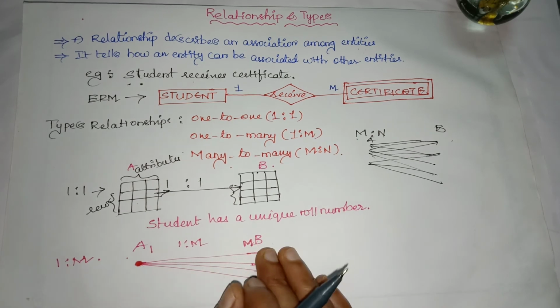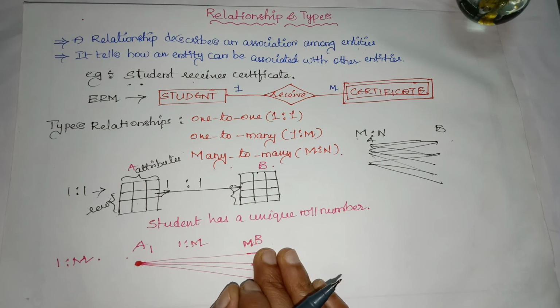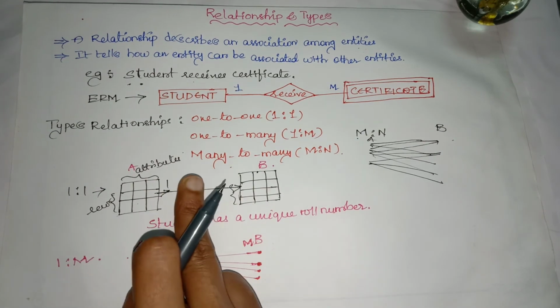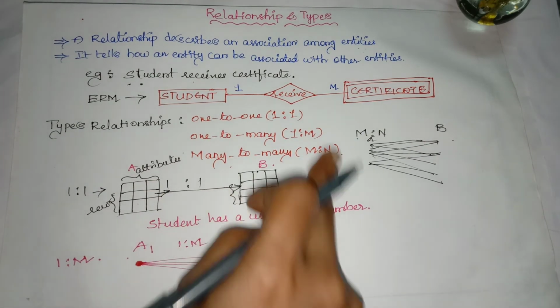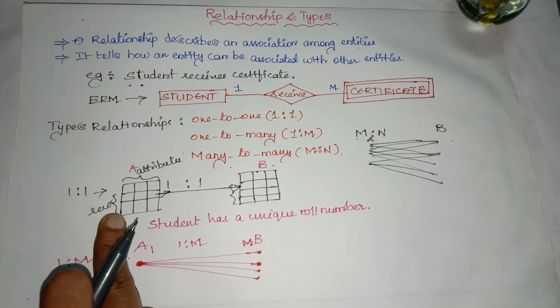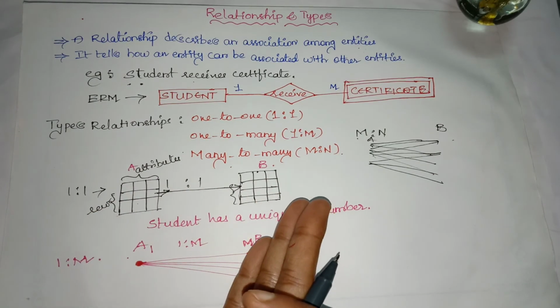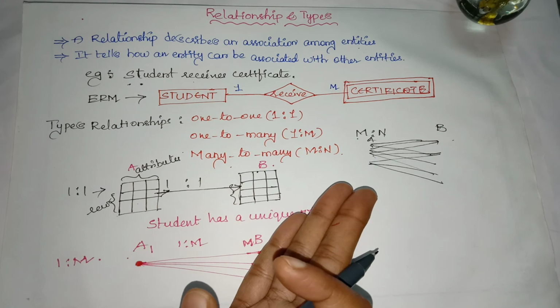This is about relationships and the types of relationships. So simply, a relationship describes an association among entities, and there are three relationship types: one-to-one, one-to-many, and many-to-many. It depends on how many records match with how many records in another table.